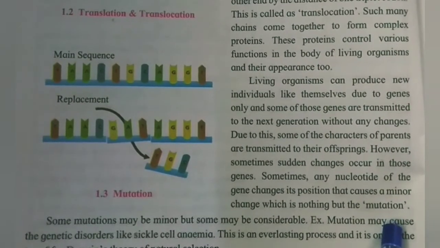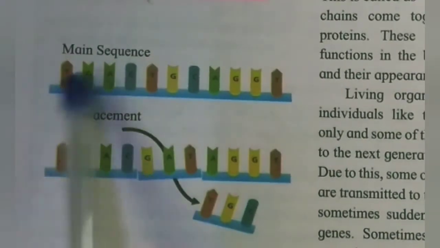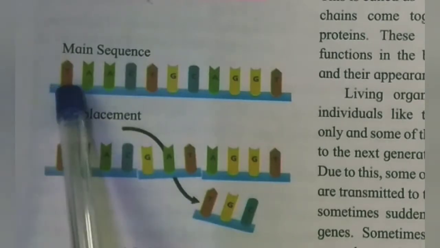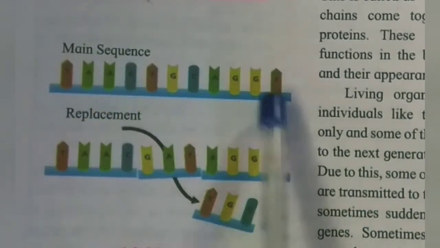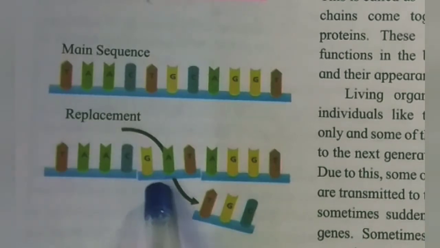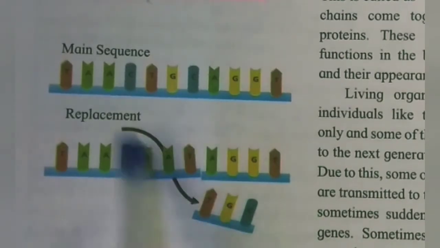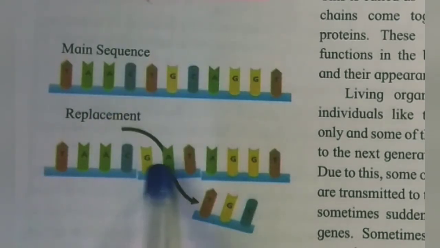See here is some sequence. This is the main sequence, TAACTGCAGGT. Here one change happens. TAAC is the same. So what is the minute change that happens for mutation? TGC changes to GAT.